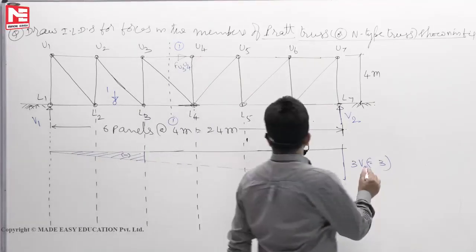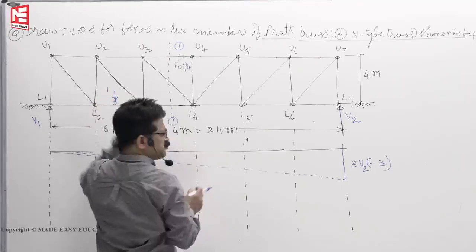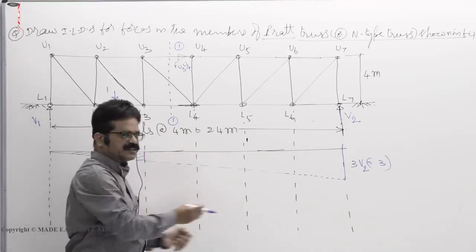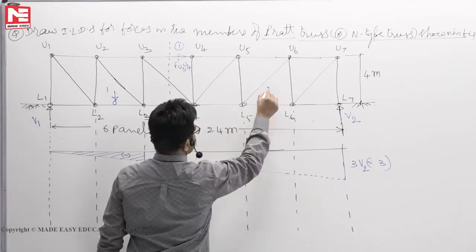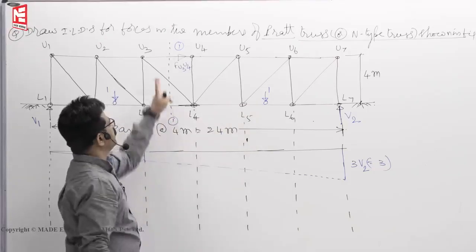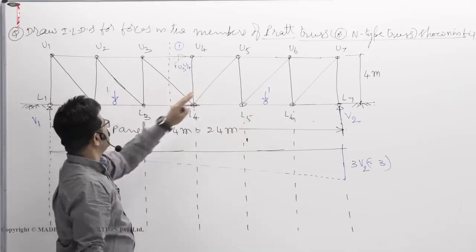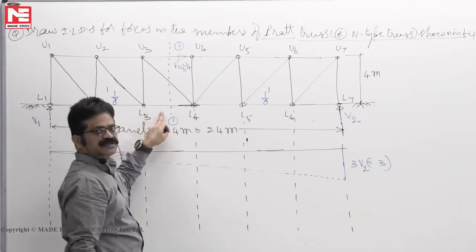Okay. Now, after this, we will ask the driver of this load. Assume that there is a driver in that and he is moving right side. Now keep that load here, somewhere between L4 and L7. When the load is here, cut here, look left side, because this is gone there. V1 into 4 plus 4, 8 plus 4, 12.